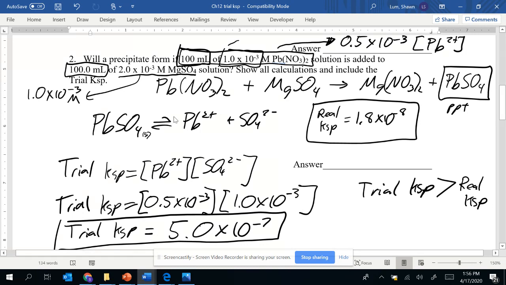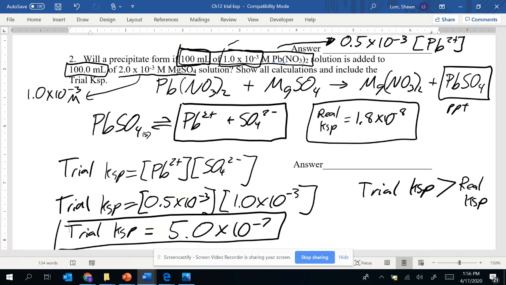That means these concentrations are too big, that means they're too large, and that means there's too many ions in solution. So since there's too many ions in solution, it is going to want to shift to the left direction. So since these numbers are too big, they are going to want to become smaller in order to become more like real KSP. So in other words, since it's going to be shifting to the left, that means a precipitate forms.